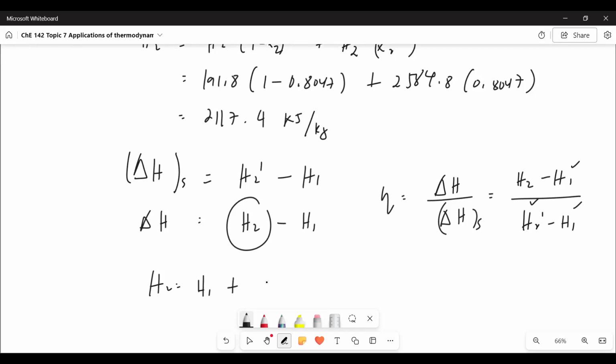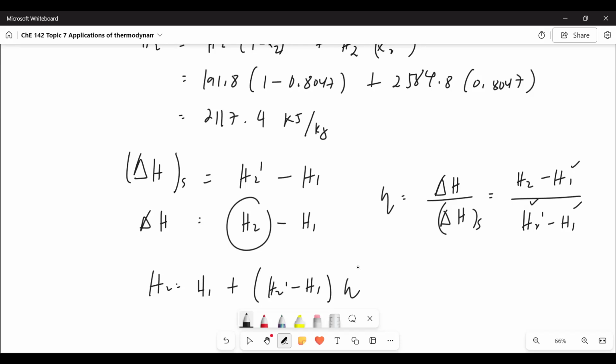Okay, so this is H2 prime minus H1 times the efficiency, right?